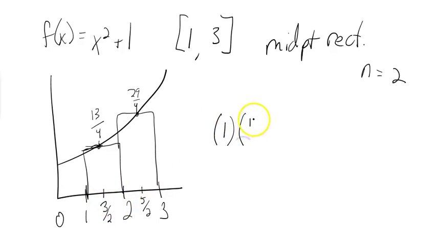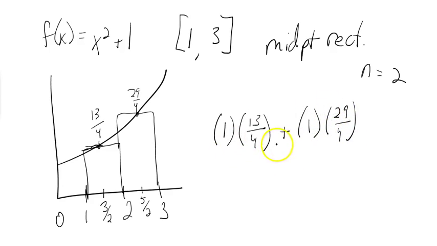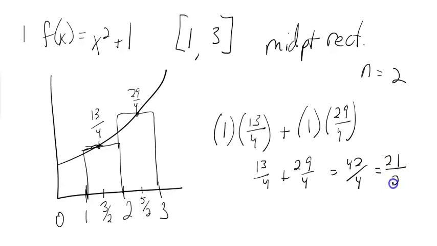The height is 13/4. And then for the other one, again, the base is 1, the height is 29/4. And so you basically end up adding 13/4 and 29/4, so 42/4, which will reduce to 21/2.